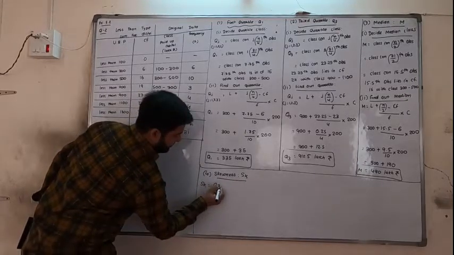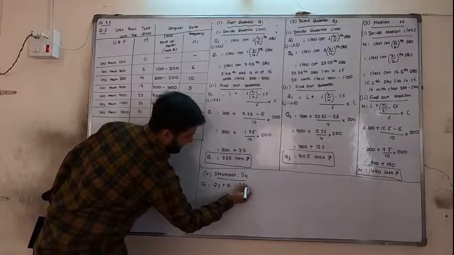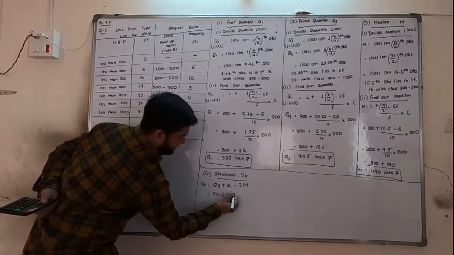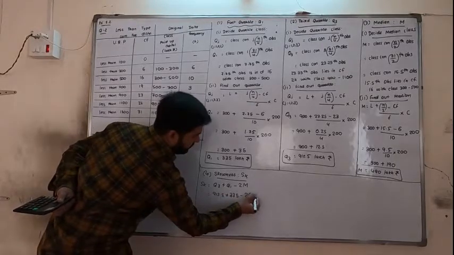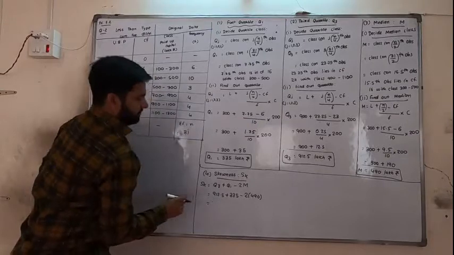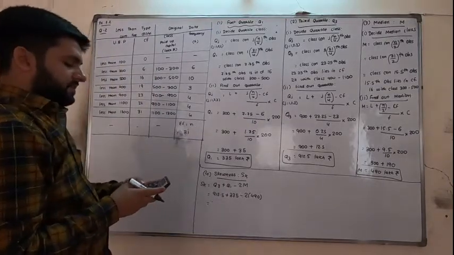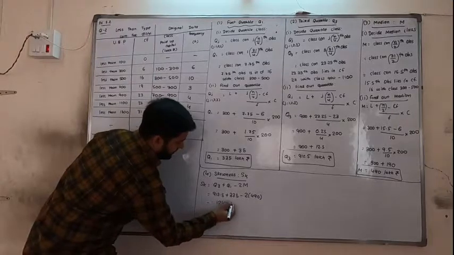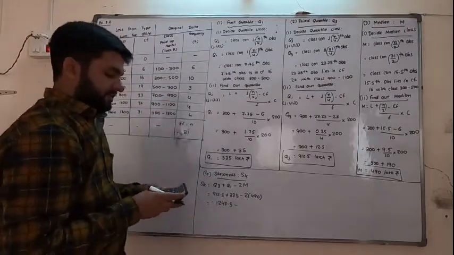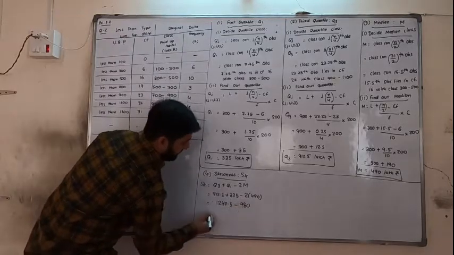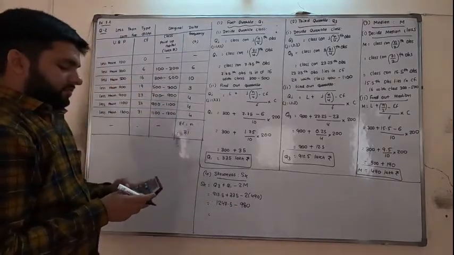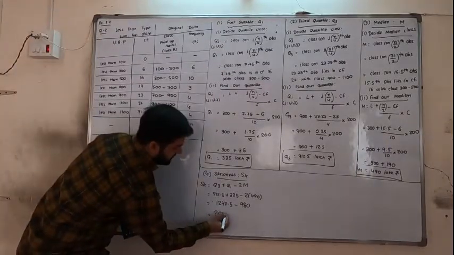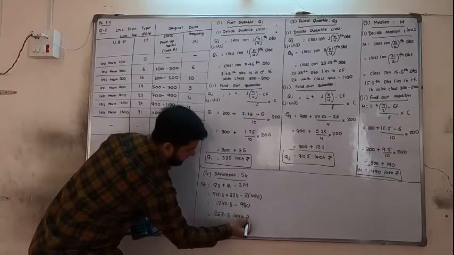SK is equal to Q3 plus Q1 minus 2M: 912.5 plus 335 minus 2 into 490. 912.5 plus 335 is 1247.5, minus 490 into 2, which is 980. 1247.5 minus 980 is 267.5 lakh rupees.